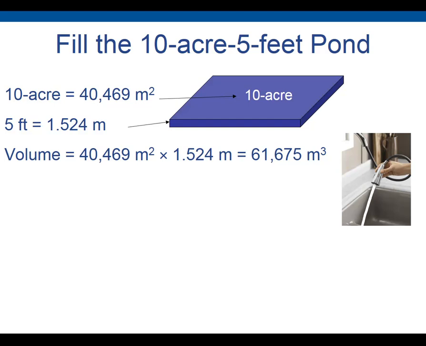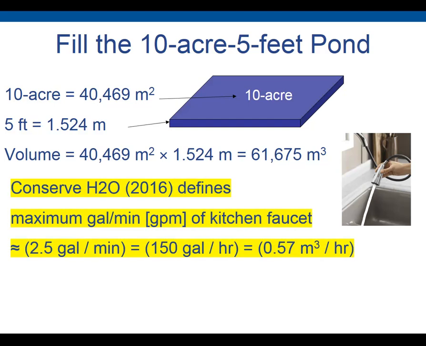Now we are going to use the kitchen faucet to fill this pond. So how long will it take? First we have to assume how much water comes from the kitchen faucet per minute. According to Conserve H2O, the maximum flow of a kitchen faucet is 2.5 gallons per minute.